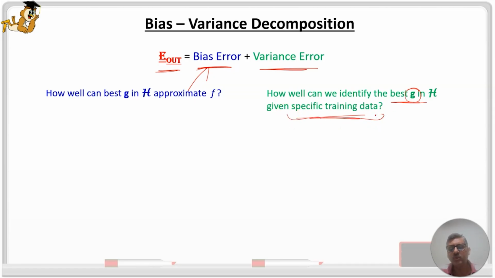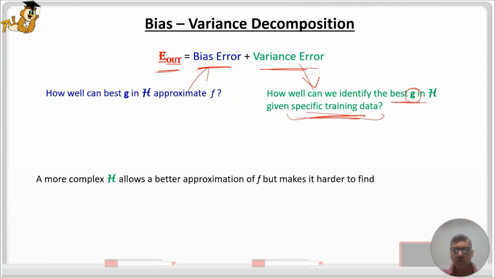Now, in any situation, you are going to be given specific training data, and given that specific training data, how well can you identify the best g in H that is closest to f? You may not be able to do that because of the specific training data, and the error resulting from that is known as the variance error.